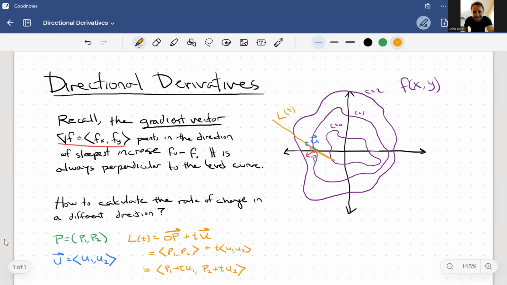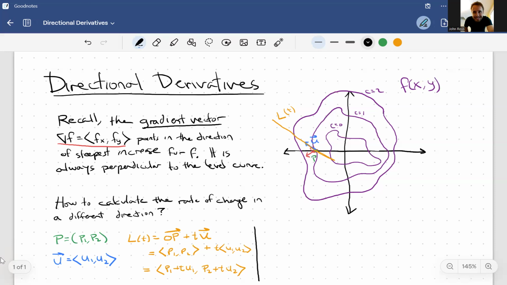So with this framework, the rate of change of the function f in the direction of u is going to be equal to the derivative. So rate of change, we're talking about a derivative here, but it's going to be the derivative of the composition function f of L. And so let's explicitly write this down.